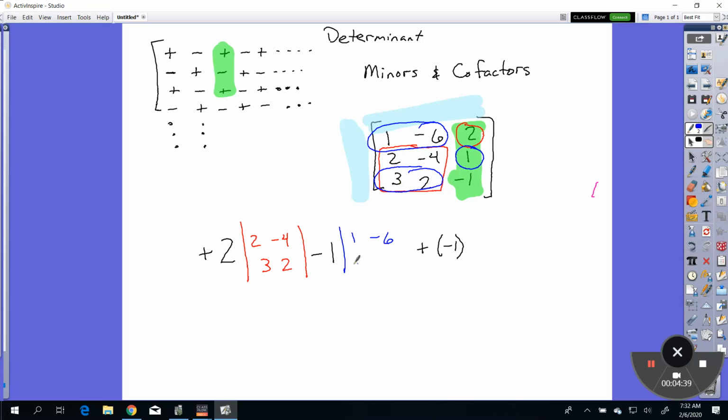Okay. And now we're to the negative 1. This is the row that negative 1 is with, and this is its column. So I write down 1, negative 6, 2, negative 4.